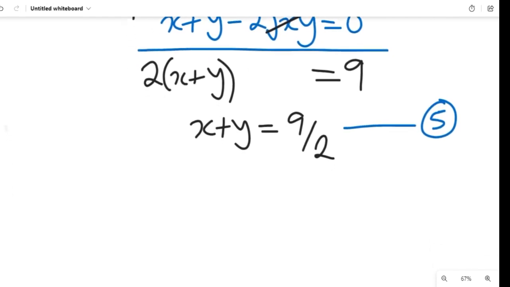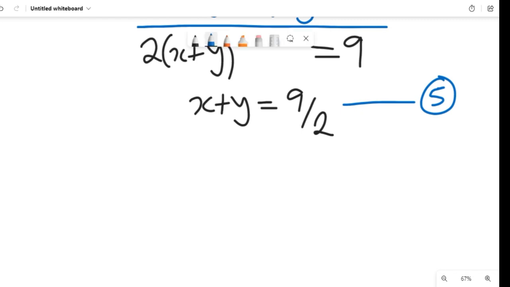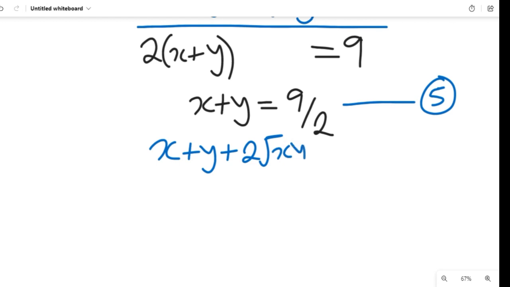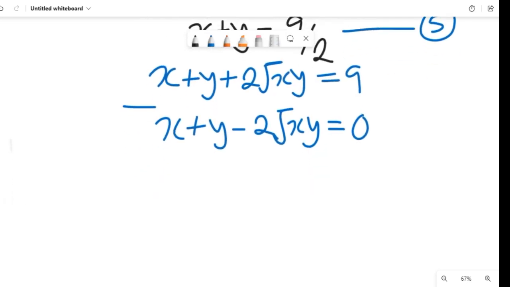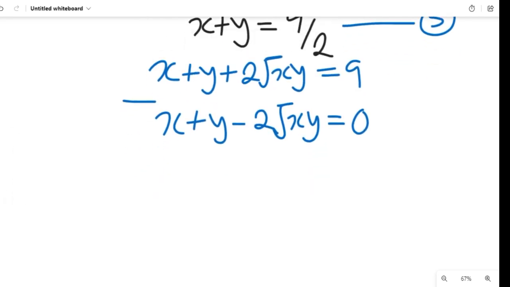Now, we're still going to pick those two equations, equation 3 and 4. We have equation 3 to be x plus y plus 2 root xy equal to 9, and we have x plus y minus 2 root xy equal to 0. Now, what we need to do is to subtract these two equations. If we subtract these two equations, our solution is going to give us something different.